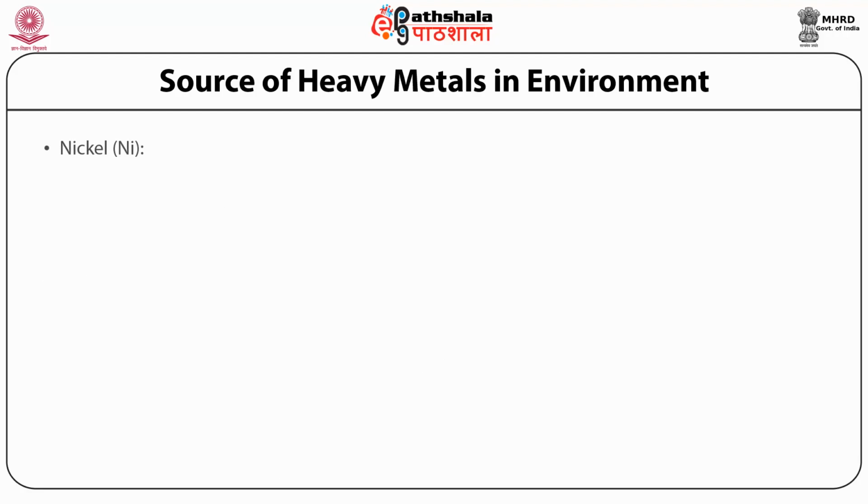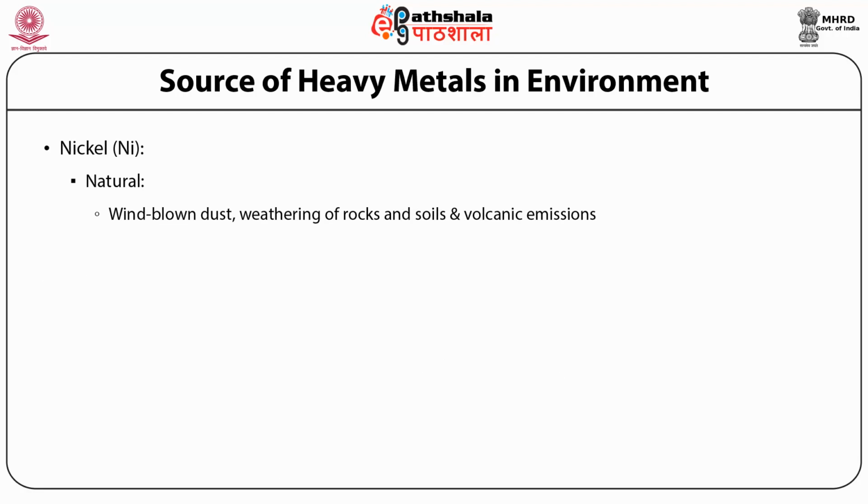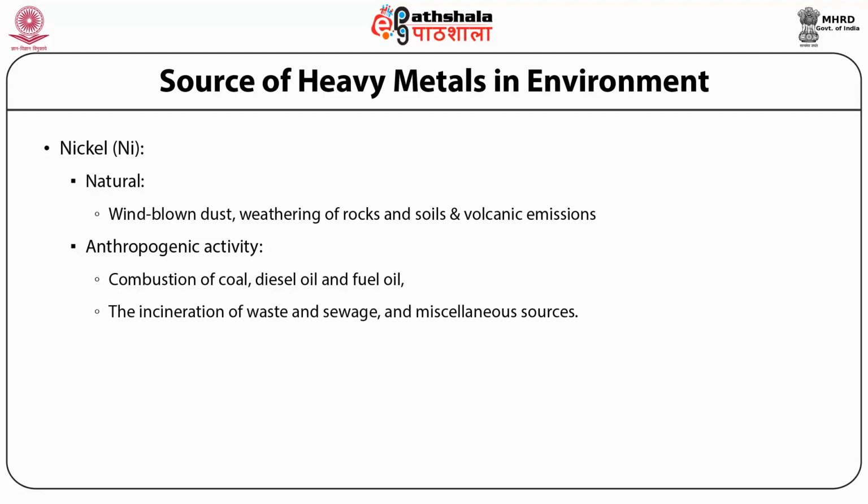The sources of nickel can be wind-blown dust, weathering of rocks and soil, volcanic emissions, forest fires, and vegetation. Anthropogenic activity like combustion of coal, diesel oil and fuel oil, and incineration of waste and sewage may be some other sources of nickel in the environment.